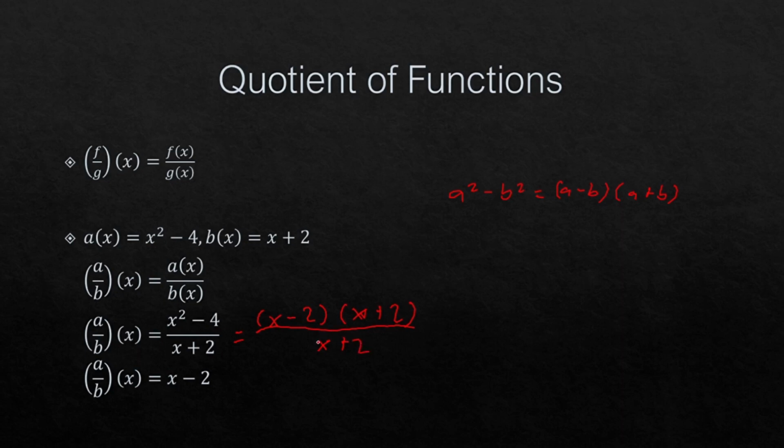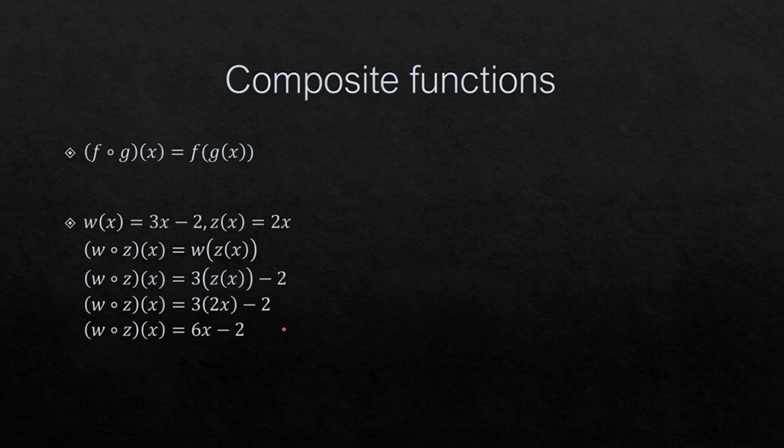So, paano natin ito ma-simplify? Pwede natin ito ma-cross out itong x plus 2 and x plus 2. Maiwan na lang yung x minus 2. So, A divided by B of x is equals to x minus 2. Gets nyo?